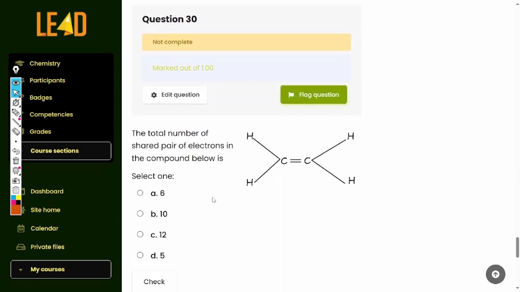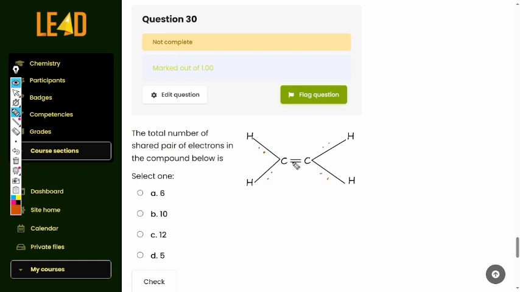30. The total number of shared pairs of electrons in the compound below is... The lines we see here represent the pairs of electrons that are shared. In this case, this line represents 2 electrons. A pair is 2 electrons. So there's a pair of electrons being shared here, another pair here, also here, and also here.